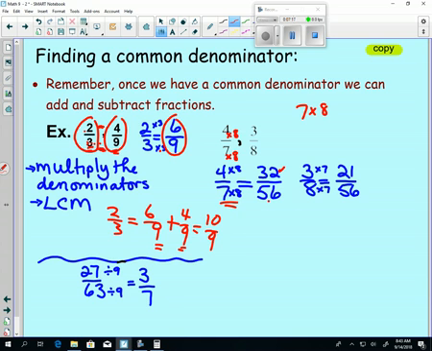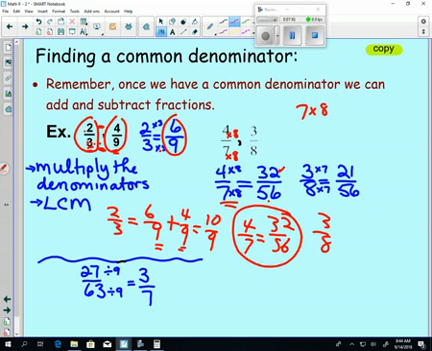So now we know that 4 over 7 is the same as 32 over 56. We look at the next number, 3 over 8. How do we get to 56? Well, we have to multiply by 7.